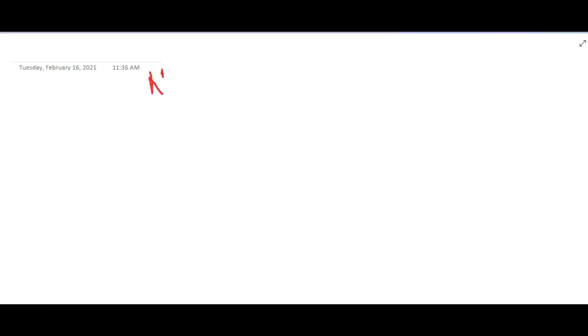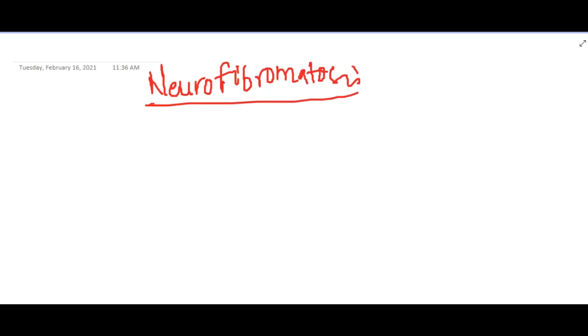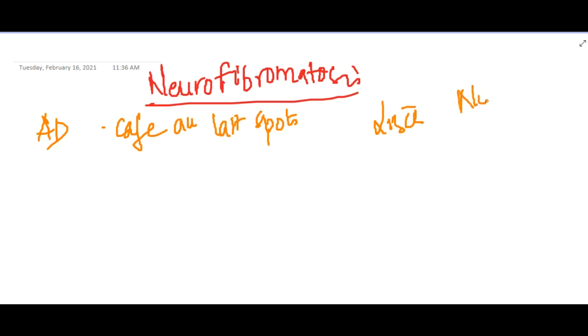Then the next neurocutaneous disorder is neurofibromatosis. Neurofibromatosis is an autosomal dominant condition which is associated with café-au-lait spots, and it is also associated with Lisch nodules.